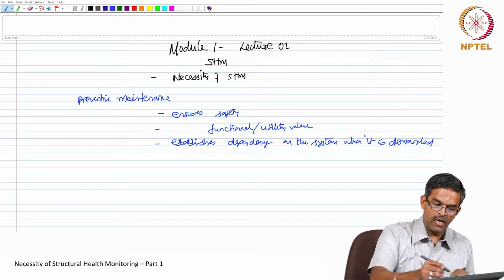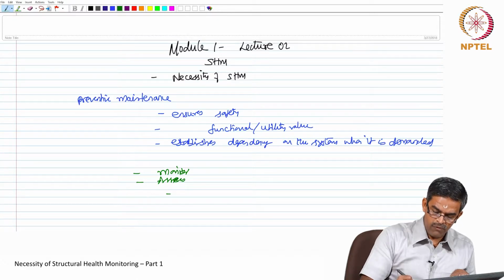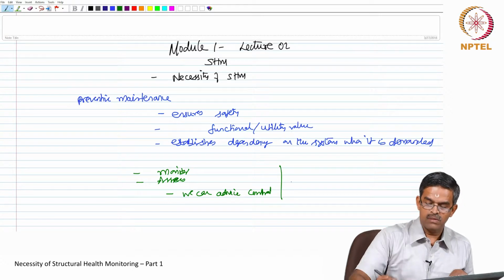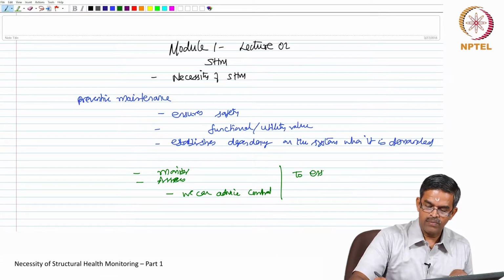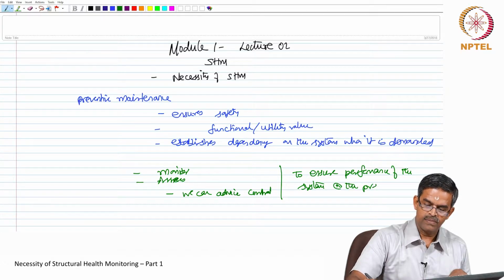To do this, we already said we need to monitor, then assess, and if required we can advise and control. So, the overall objective is to ensure satisfactory performance of the system at the present condition.